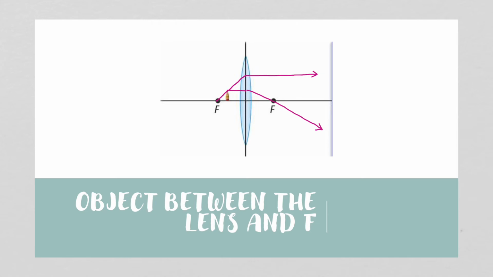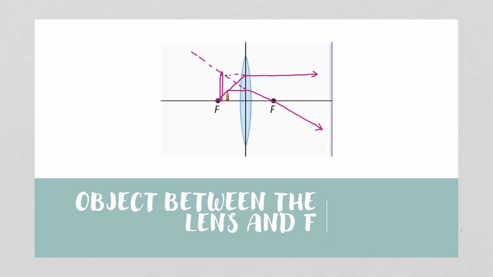So what we need to do is extend our refracted rays by a dotted line. This one goes like so, and then this one's going to go like so. Now where they cross, our image is going to be here. There's our little pencil, like so.